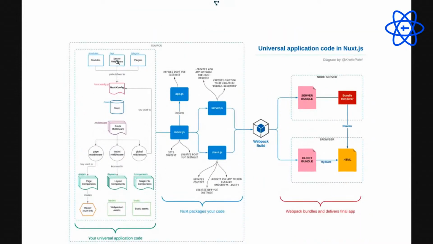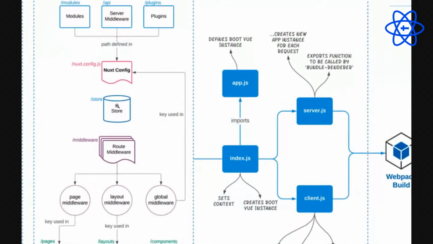So here we can see we have this folder called store, which is completely optional in the Nuxt directory, only needed when you have a Vuex store, which I think is similar to Redux in React.